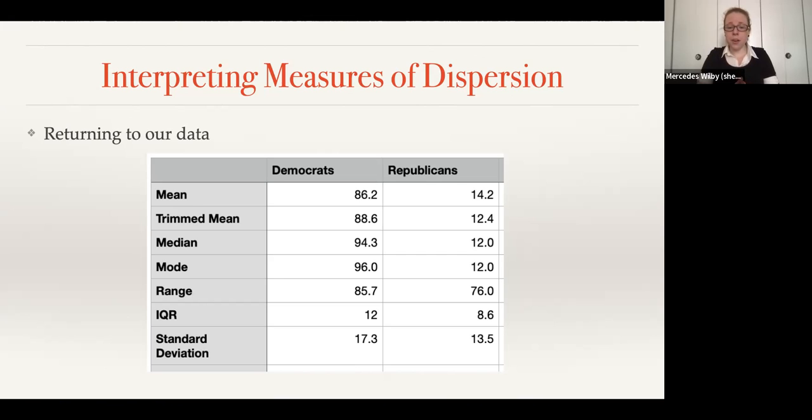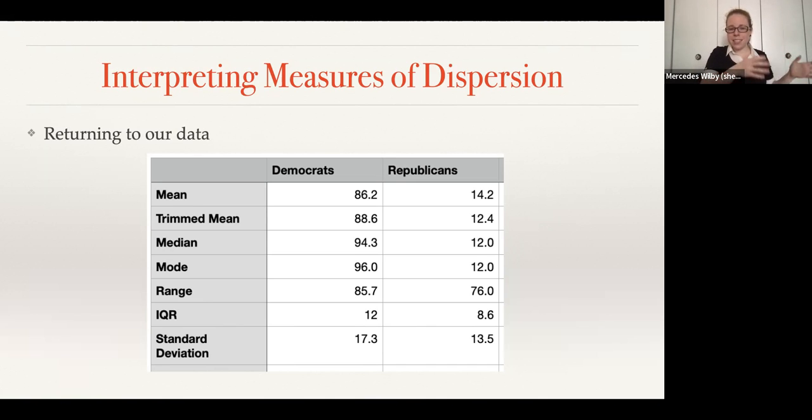So we would know that within two standard deviations of that mean are about 95% of Republicans. So about 95% of Republicans will vote between, in this case, we can't go two standard deviations from the mean lower than that because the lowest score is 0.